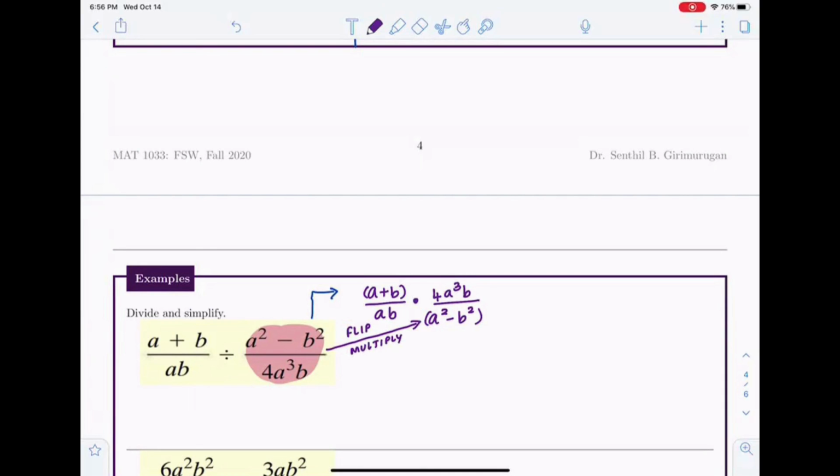So now we're just left with the product or multiplication of 2 rational expressions, which is something we have done already. So all we have to do is follow the same process: numerator first, denominator next.